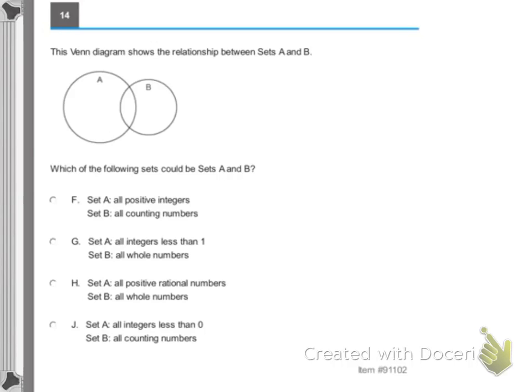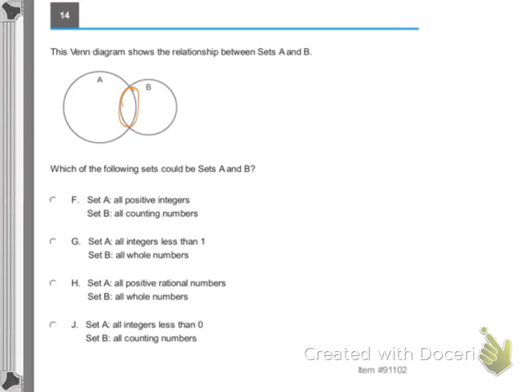Okay, so that would be like 1, 2, 3, 4, because 0 is not positive or negative, it's neutral. Set B is all counting numbers. Well, counting numbers are 1, 2, 3, 4, so those are going to be exactly the same. So what that's saying is that it has something in common, but they're different. Well, they're all in common, so A and B would definitely need to be in the same circle, and it'd have to be the same size, because those are exactly the same.